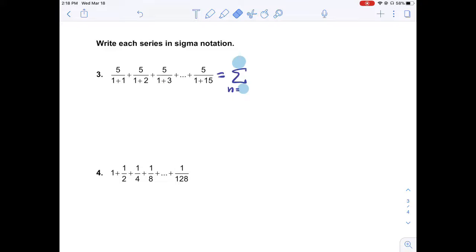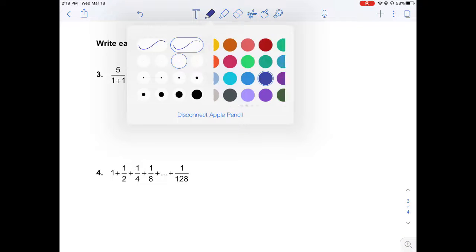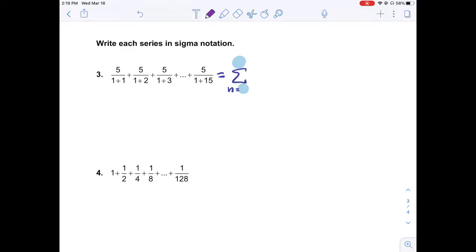So now it's time to go back. As I look over to each of these terms, what I want you to think about is, do you notice patterns? The first thing I notice is that every single term in the sequence has the same number on top. That's a 5. So in my explicit sequence, the 5 doesn't change every time. So we can just put a 5 on top.